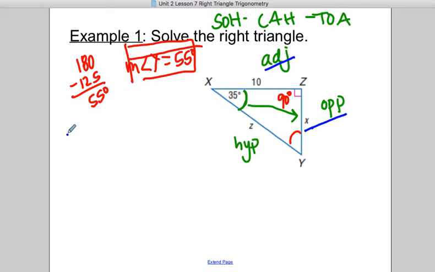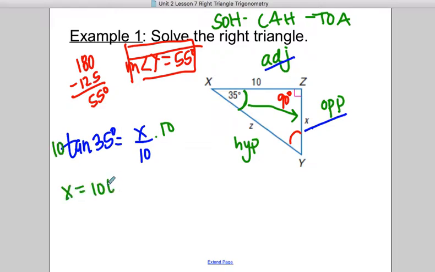So I set this up. It's always the trig function and then the angle measurement. So tangent of 35 degrees is equal to X over 10. Then you just have to solve and get X by itself. It's currently X divided by 10, so I'd multiply both sides by 10. So X equals 10 tangent of 35 degrees.